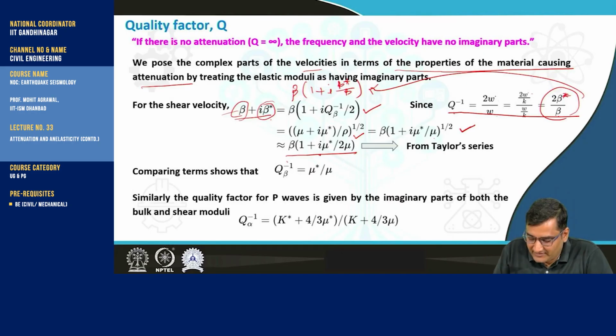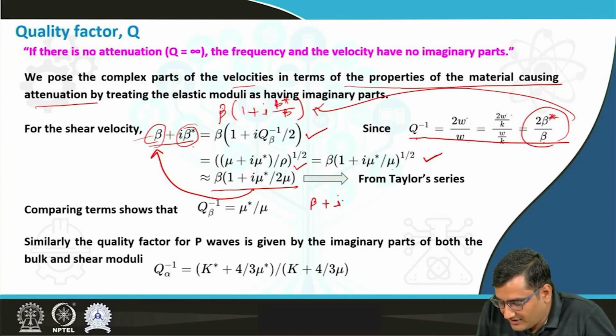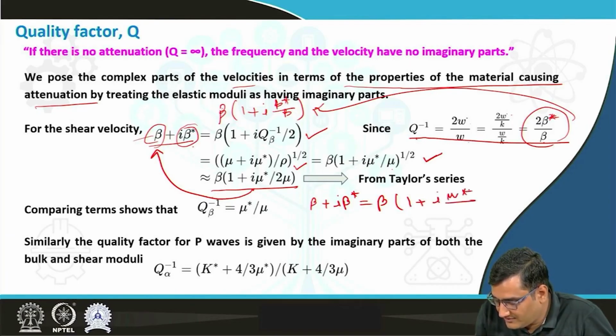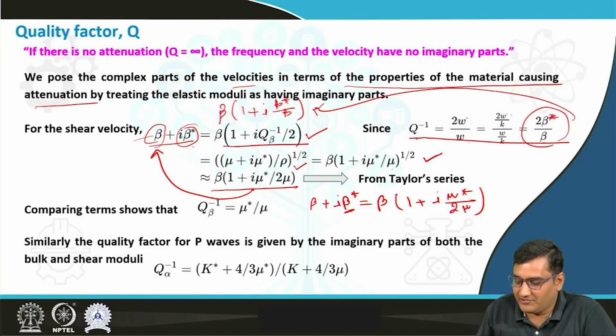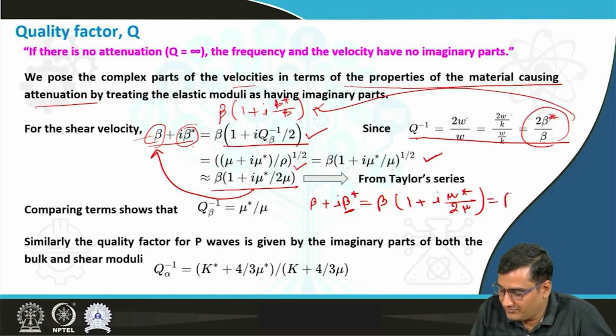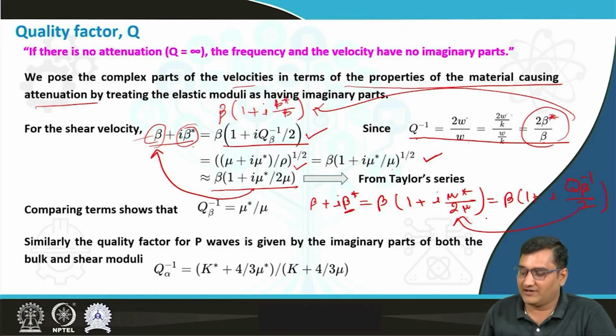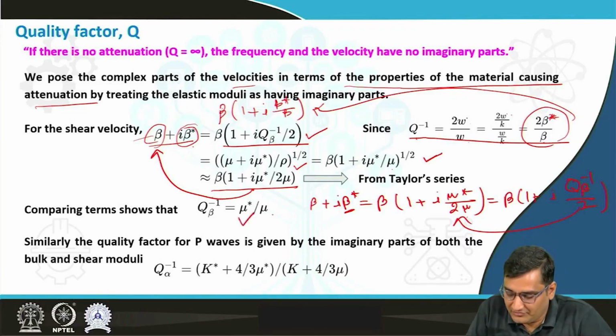So when we compare beta plus iota beta star, that will be equal to beta into 1 plus iota mu star by 2 mu, with beta into 1 plus iota Q beta inverse by 2, then these together give Q beta inverse equal to mu star by mu.